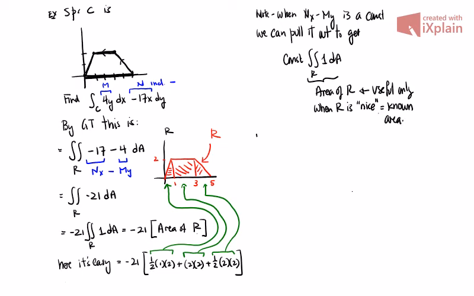So, for example, if R were a cardioid, then we still need to iterate it, because we don't have a generic formula for the area of a cardioid, right? There's no nice one that we know. Whereas the area of a trapezoid, triangle, circle, semicircle, quarter circle, all those things we can do.